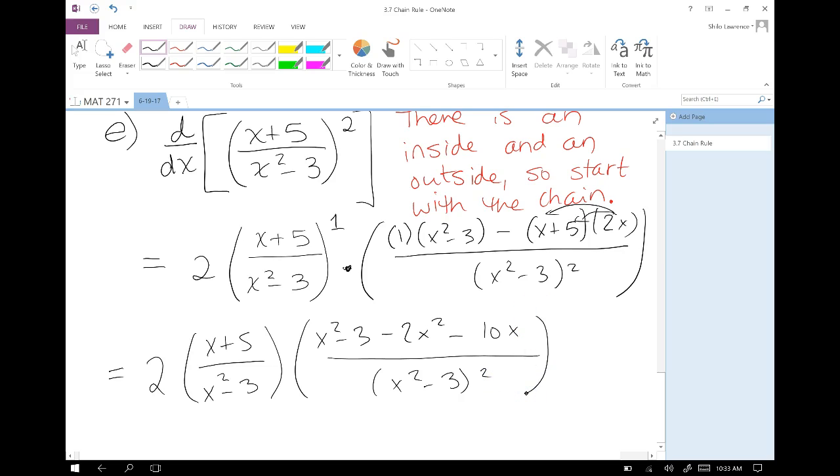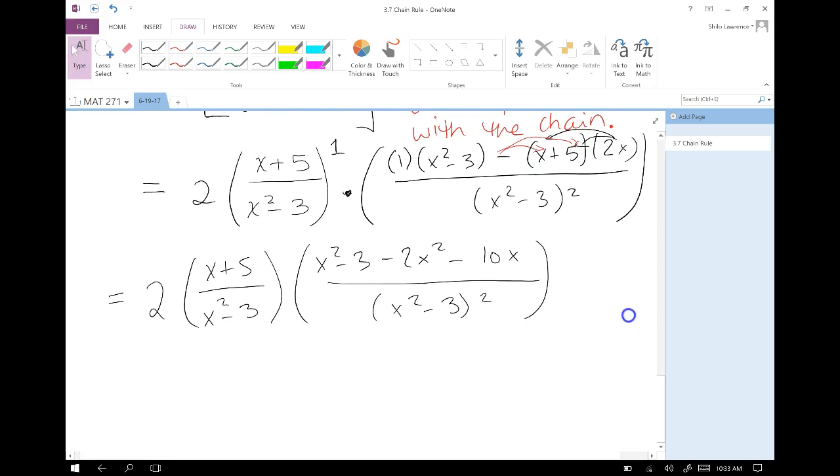And then we can combine some like terms. And we almost got our answer.